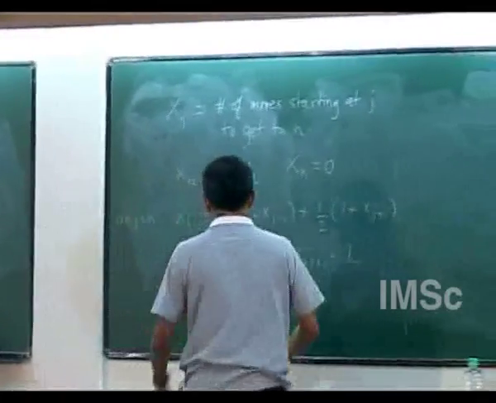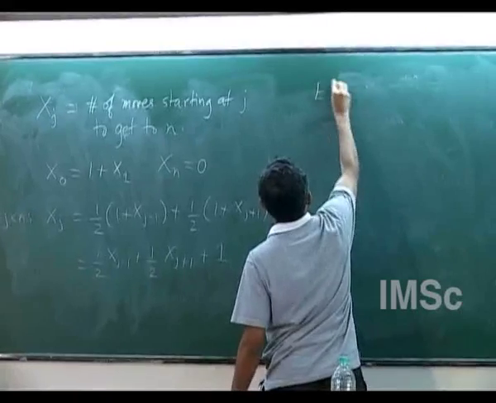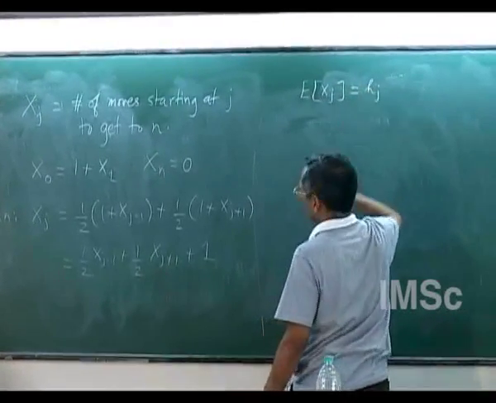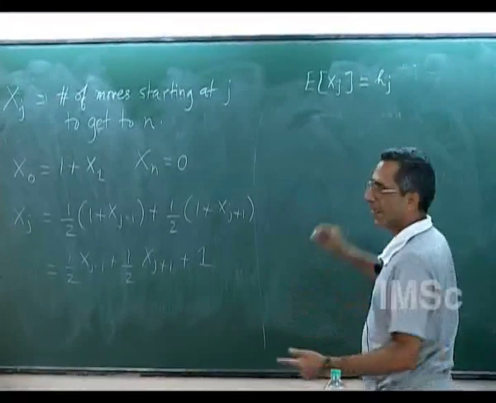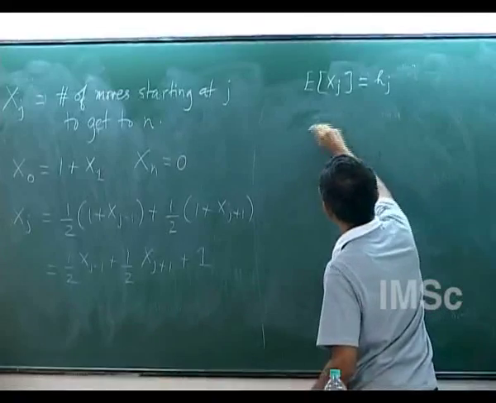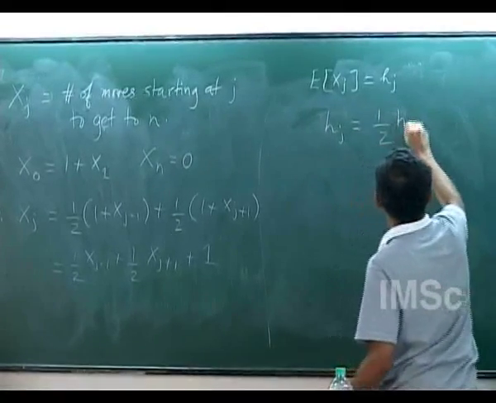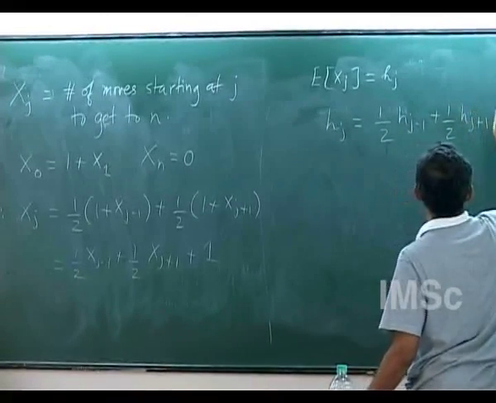So let's take the expectation now. I want to denote the expected value of xj by a number hj. By linearity of expectations, which we saw in the morning, by taking expectations, I know hj is the same as half h(j-1) plus half h(j+1) plus 1.